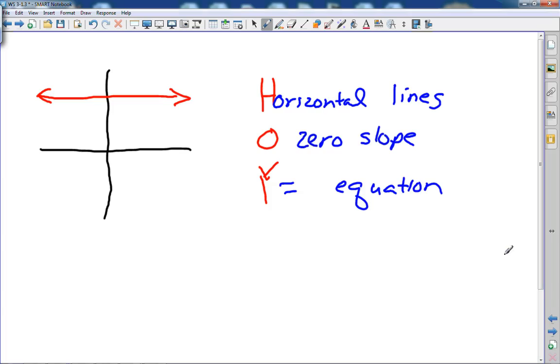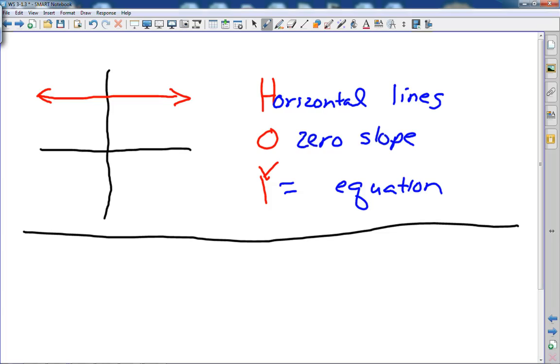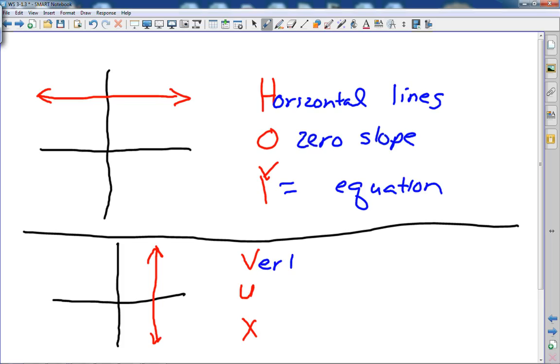Okay, so another thing to try and help you remember, let's go down here. If I have a vertical line that goes up and down, we call it VUX. VUX. Sounds like you've got something in your throat, doesn't it? This is a vertical line.